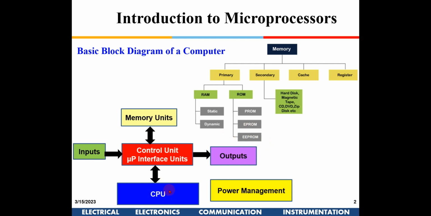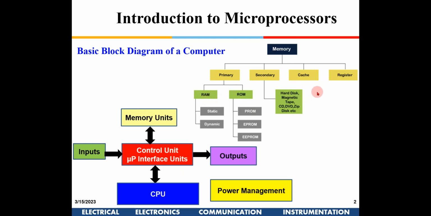Once the operating system gets loaded, some part of it will be brought from the hard disk into the RAM memory here. Now the CPU keeps communicating with the RAM. You could also have a cache memory where there is a requirement of frequent access of data.